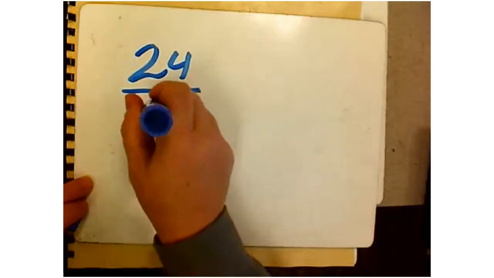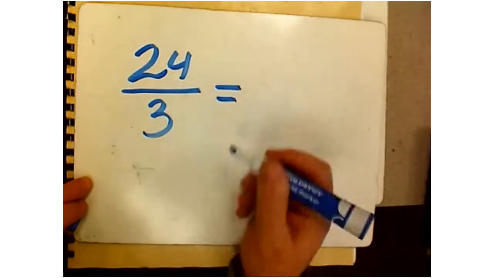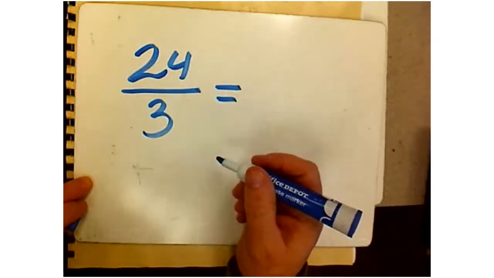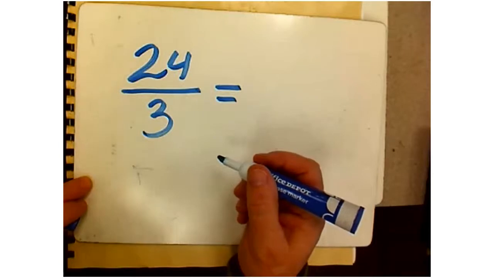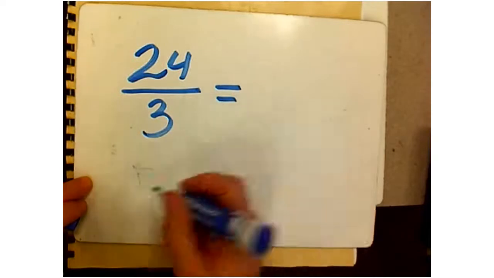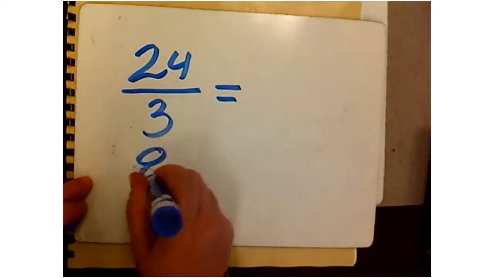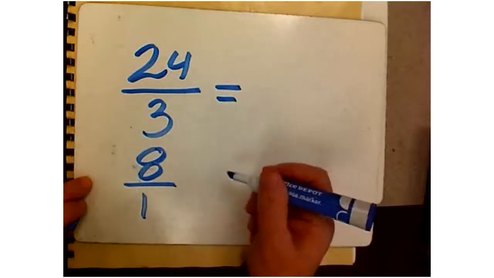You could use perimeter, but that's kind of overkill. They give you a ratio, don't they? They give you hypotenuse to hypotenuse. 24 to 3 or 3 to 24, and you could reduce that. That's 8 to 1.